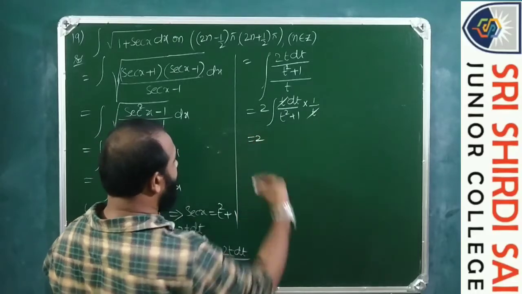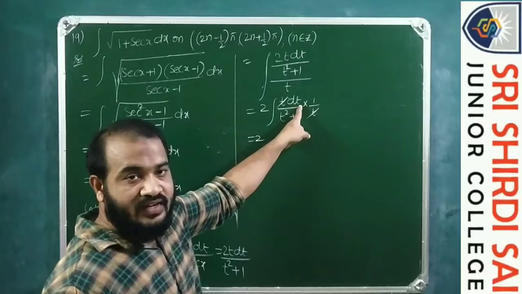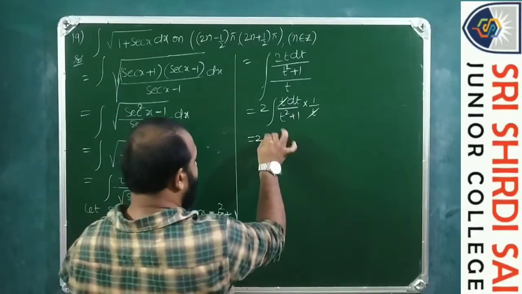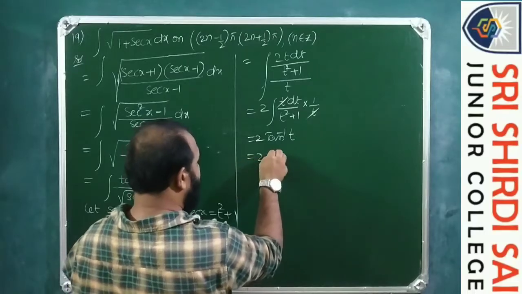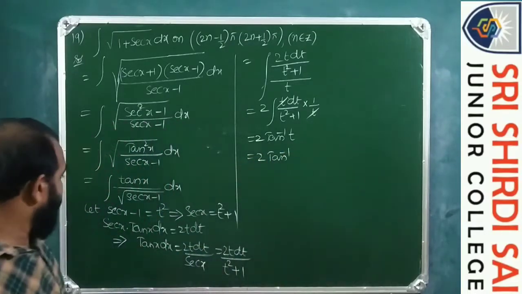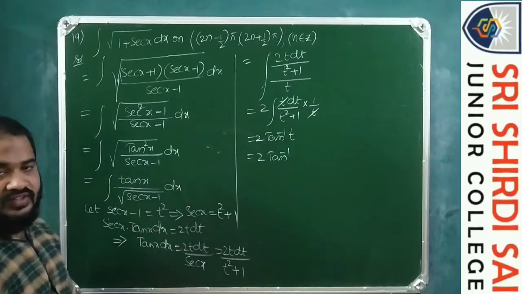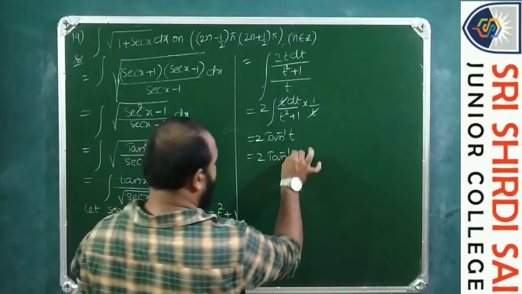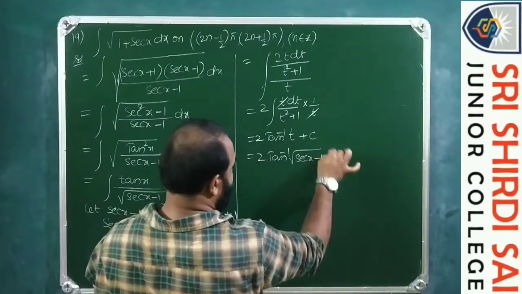So 2 into, we know integral 1 by 1 plus t square dt is tan inverse t. So this is 2 tan inverse t. Since secant x minus 1 is t square, t is equal to square root of secant x minus 1. So 2 tan inverse square root of secant x minus 1 plus constant of integration c.